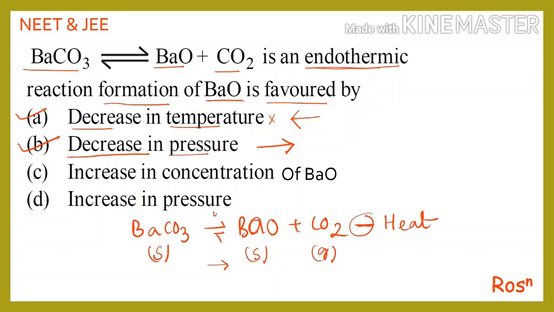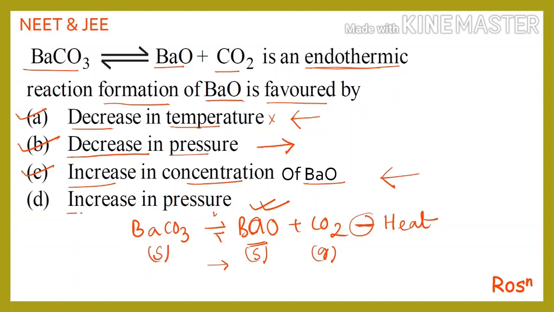Now I see the next condition, option C, increase the concentration of BaO. If you increase the concentration of BaO, the reaction will go to this direction where it decreases the concentration of BaO. That means the reaction will go to the backward direction. Clear?